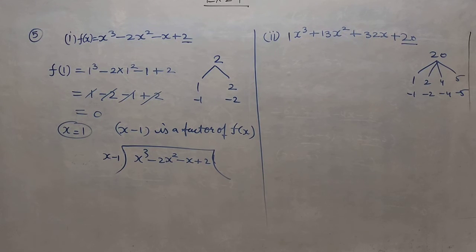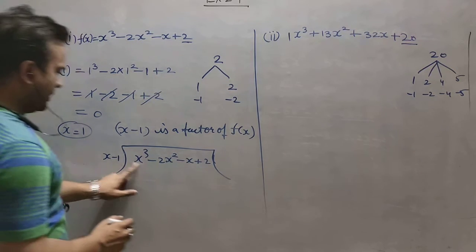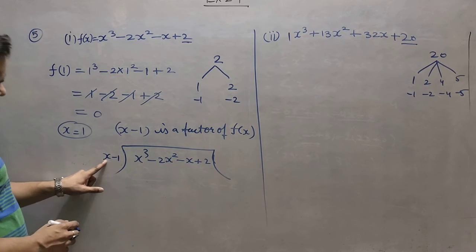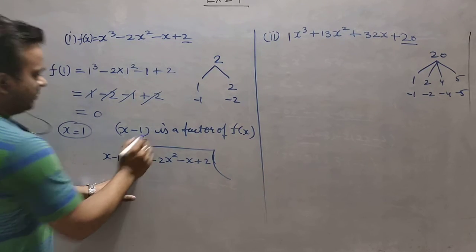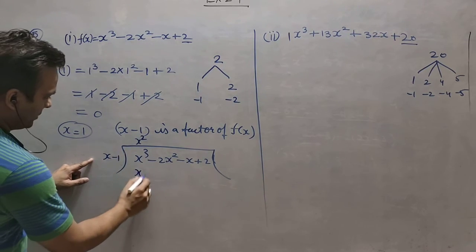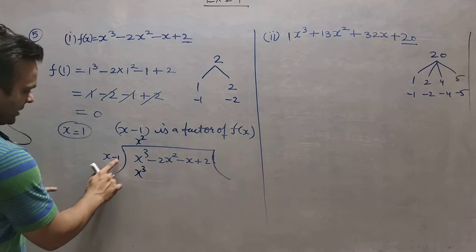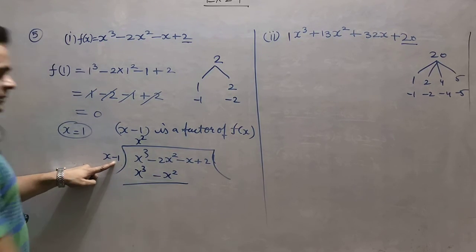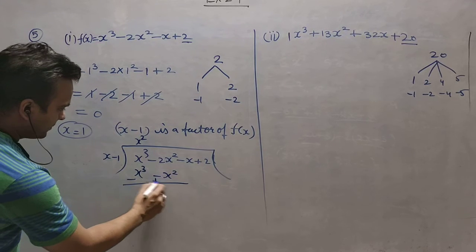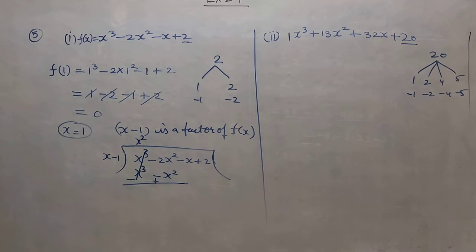Because we have to see the first value and this first value. So we have to multiply in this value to make this. So we will multiply by x square so that it can be x cube, and this x square will multiply this minus 1, so it is minus x square. Now we will change the sign so that one value can be eliminated. That is why we are making them equal.